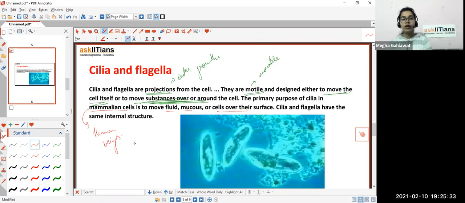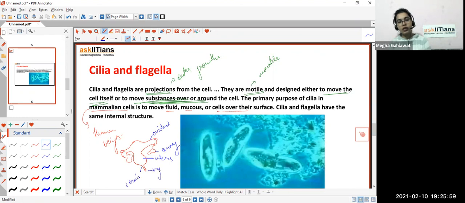There you'll be learning about the structure of the female reproductive system, which has an ovary and the fallopian tube or oviduct. This is the ovary which produces the egg, this is the uterus, this is the cervix, and this is the vagina.